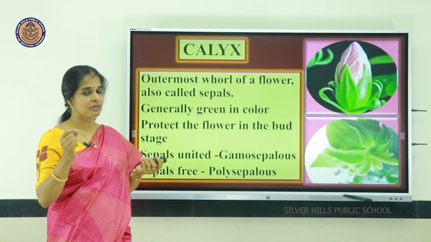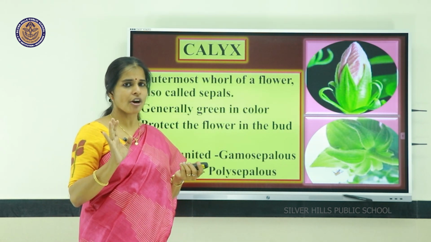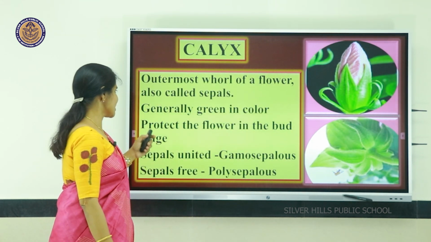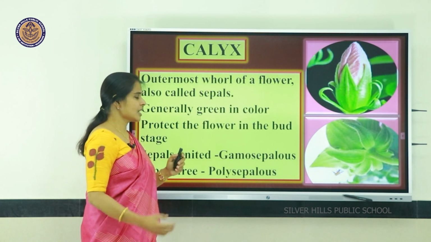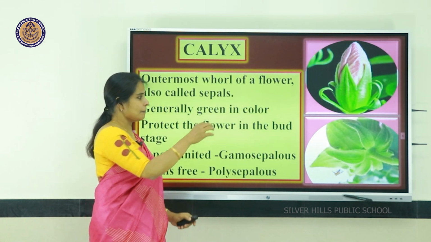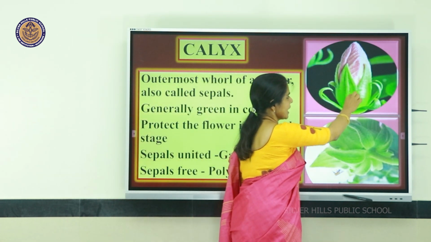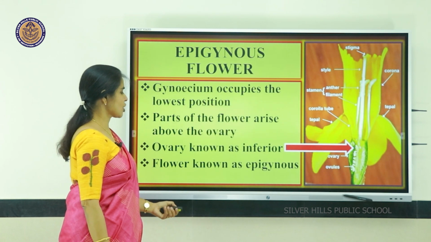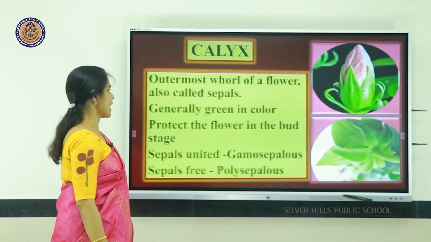That is quite a common word for you. Calyx is not very common, that is a biological term, but sepals you all know, which are generally green in color, which we can very clearly see for the bud. The buds are protected by a green cap-like structure, which we can call calyx.